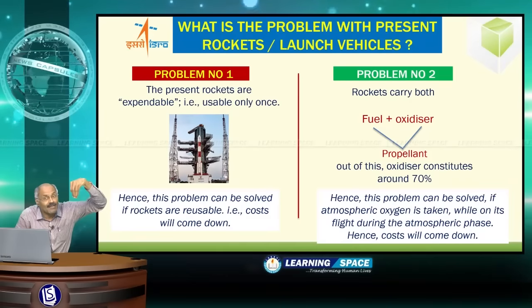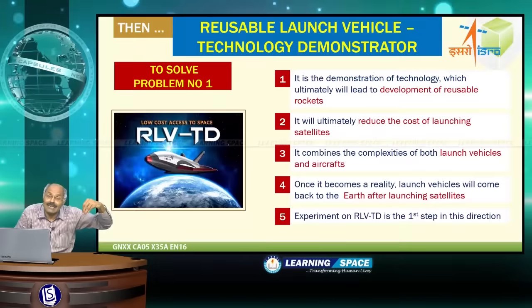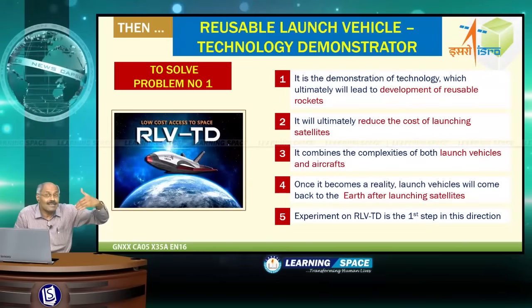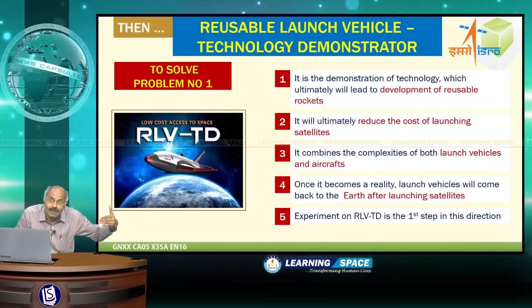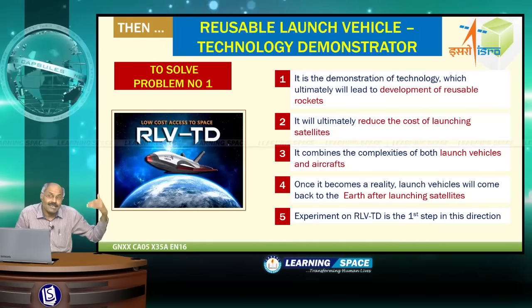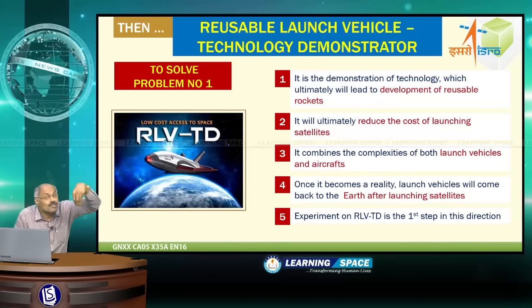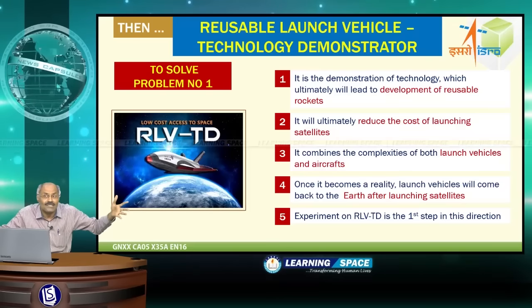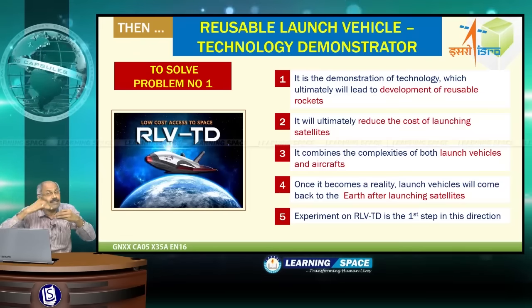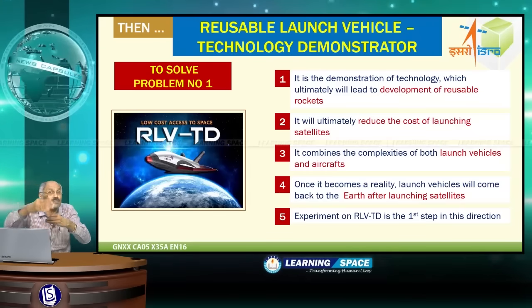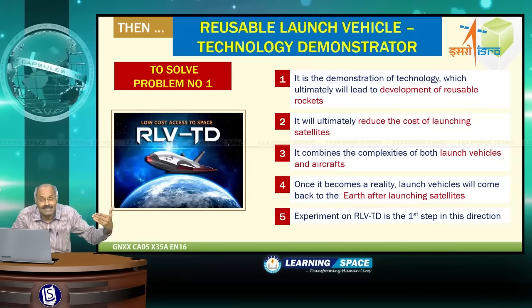So, let us have a glance at the first experiment which was tested some time back. Reusable Launch Vehicle Technology Demonstrator. Basically, it is the technology which will lead to development of reusable rockets maybe 10 years, 15 years down the line. Ultimately, when the rockets are reused, it will reduce the cost of launching satellites.